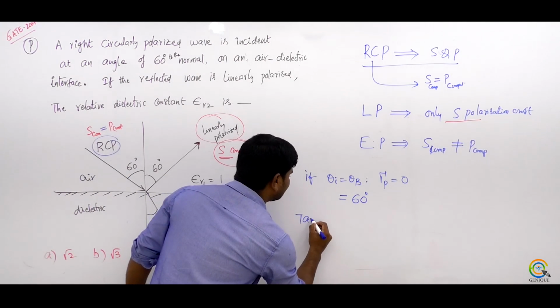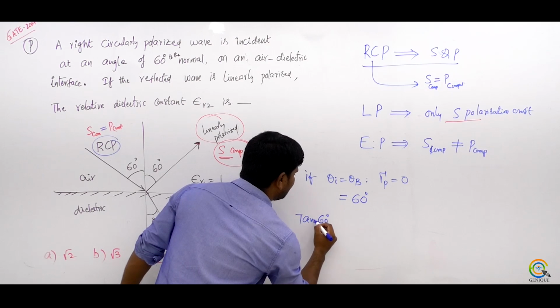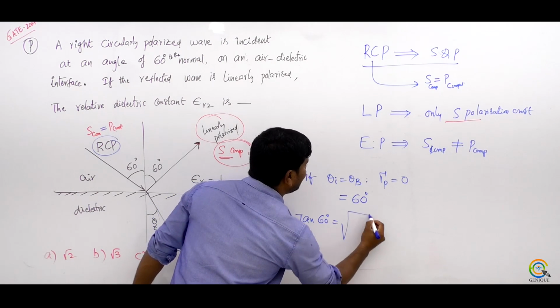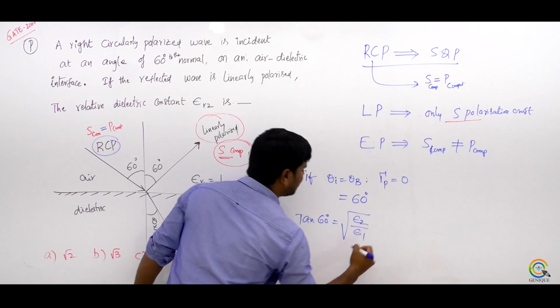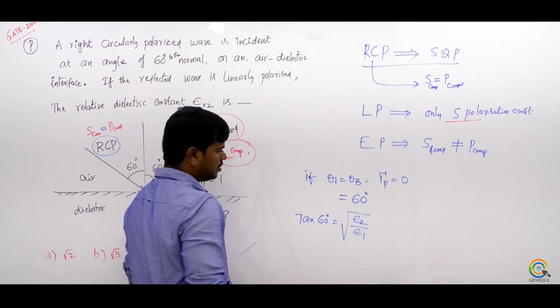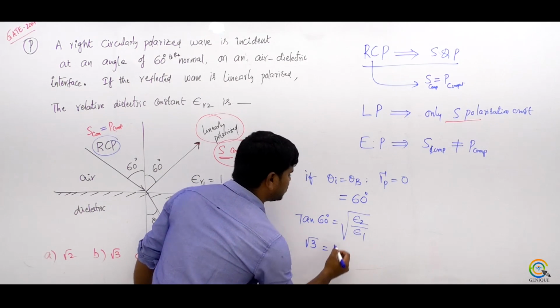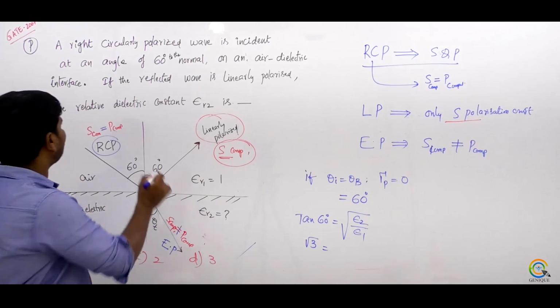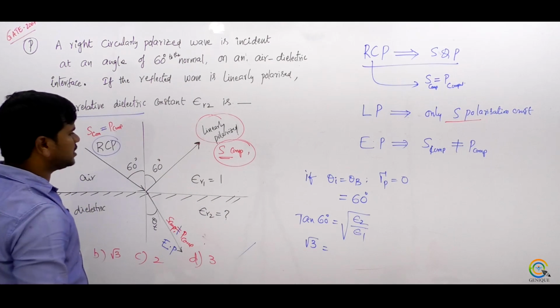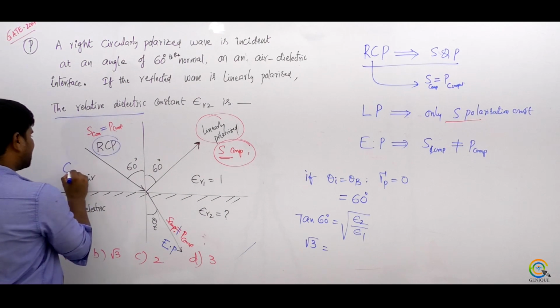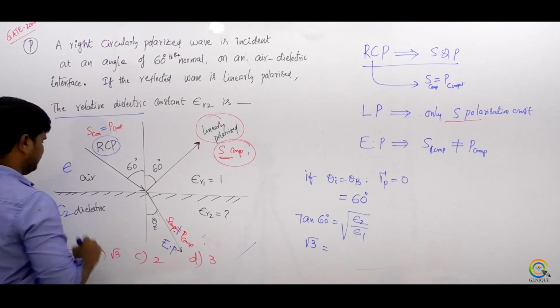That means we are equating this angle with the Brewster's angle. So tan 60 degrees is equal to root over epsilon 2 divided by epsilon 1. Okay. So here tan 60 is root 3. This is equal to what we have to find? We have to find the relative dielectric constant. This is epsilon 1 and this is epsilon 2.